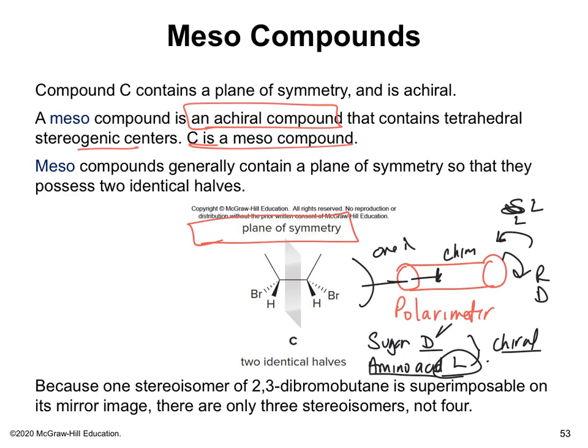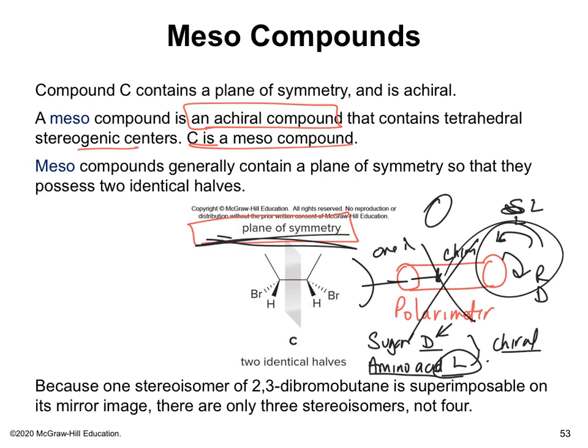Well, actually, I'm not necessarily positive. Anyway, the whole point is when something's achiral, you get no rotation. You get zero. You can't get any measurement. If you have a plane of symmetry, you're not going to get any rotation of light. And that's the true experimental definition of whether a compound is chiral or achiral.